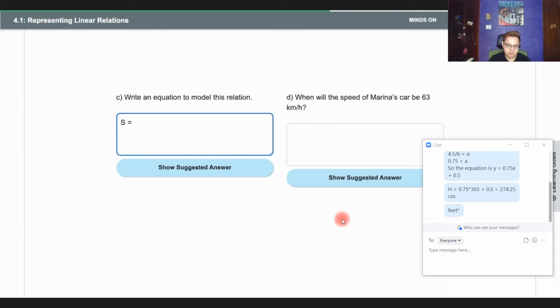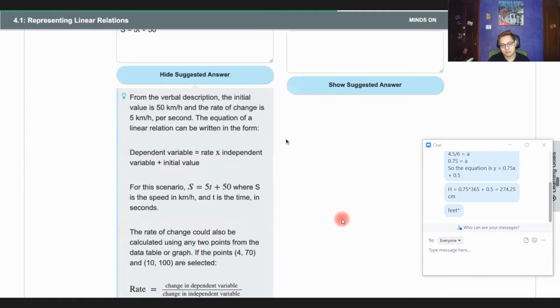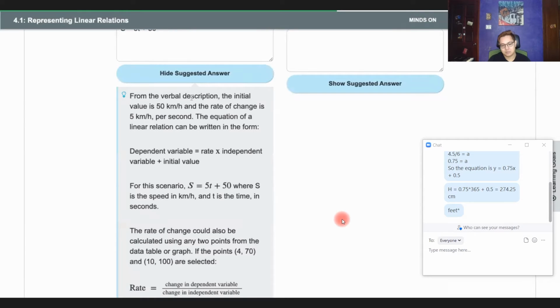Speed equal by t plus 50. And the suggested answer is, from the verbal description, the initial value is 50 kilometer per hour and the rate of change is 5 kilometer per hour per second.